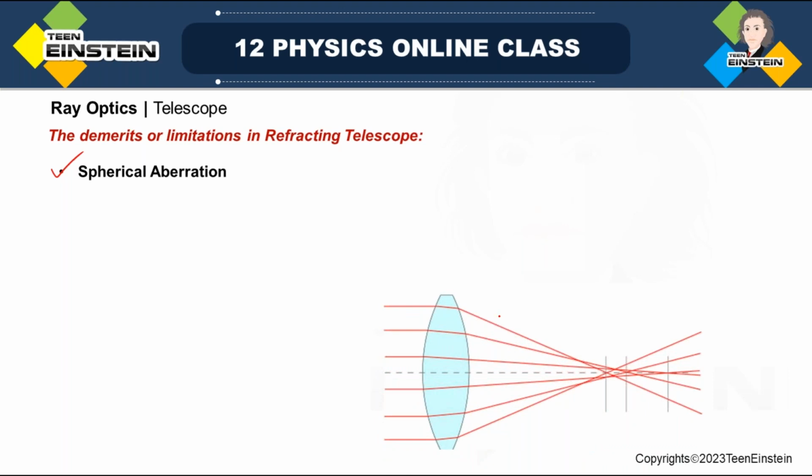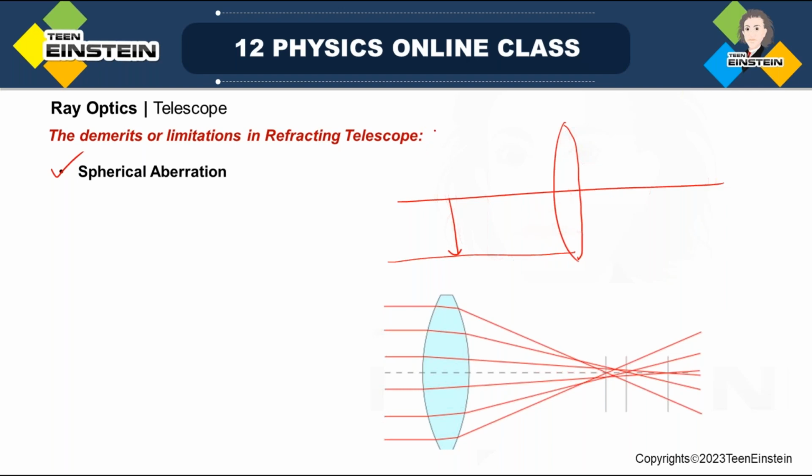When I have a large aperture of the lens, there is a possibility that the marginal rays also come into the view. Marginal rays are those rays which are at the edge of the lens, very far away from the principal axis.